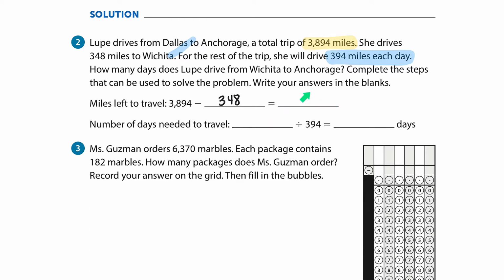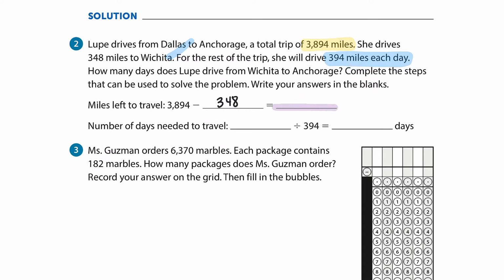When we get that, we're going to use that answer. So I'm going to highlight it here. This answer will go here. We need to find the remaining miles and divide that by 394 because we know for each day she goes 394. So if I divide this number, I will have my answer of how many days she spent driving.